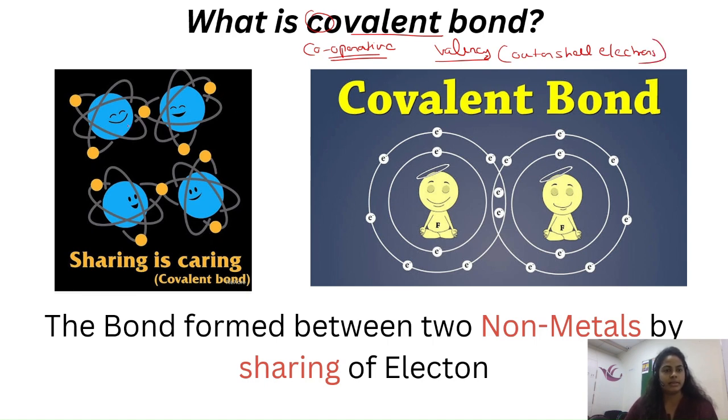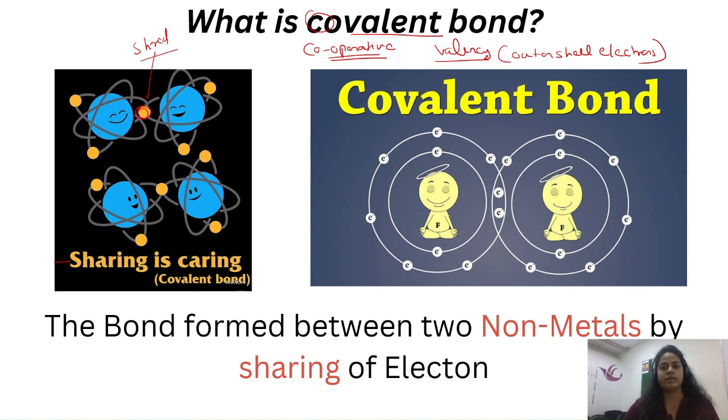See this image here, this electron has been shared. Both atoms have cooperated with each other and they have shared this electron. So sharing is what is carried out in the so-called covalent bond.